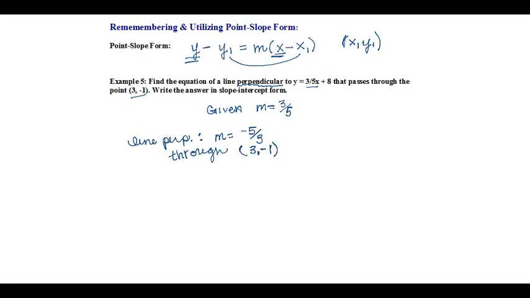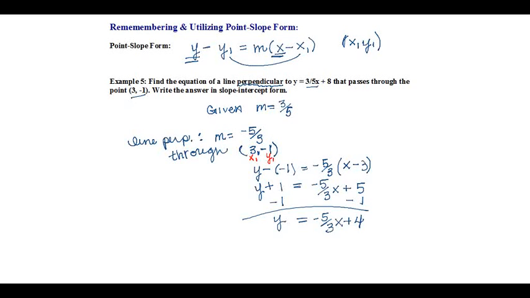So if our given line slope was 3/5, then our perpendicular line is going to have a slope of -5/3 and go through the point 3, -1. Now we have that point and slope, and we can go ahead and write that in point slope form.